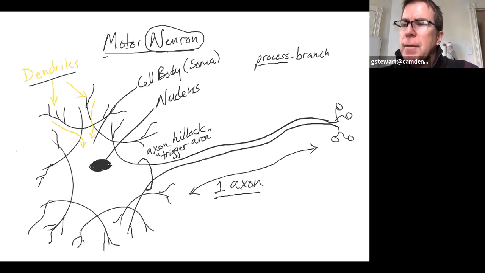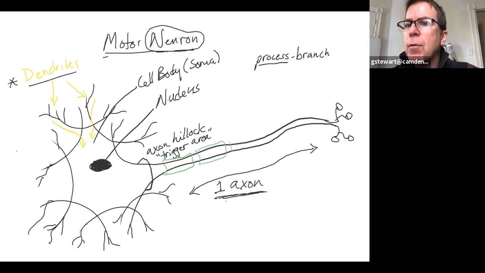All right, a few more things about this. If we myelinate this axon, by the way, dendrites are never myelinated. Axons are often myelinated, but not always. So I'm going to use green, and I'm going to draw some myelin around this axon.